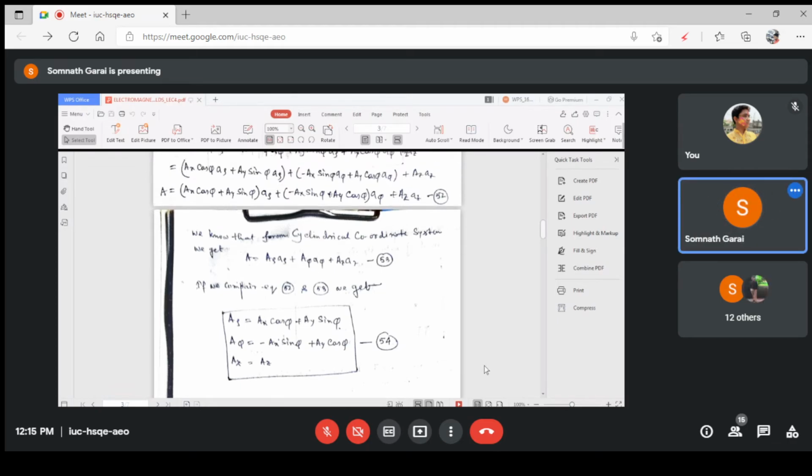Now, when you solve a numerical problem, mind it, this is very important.